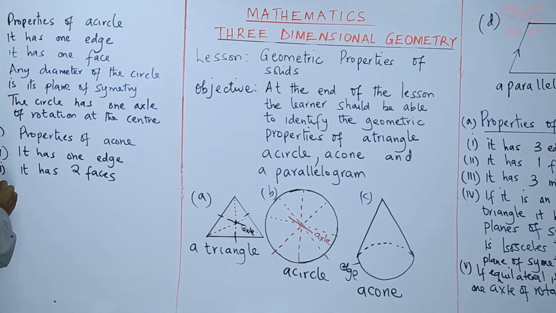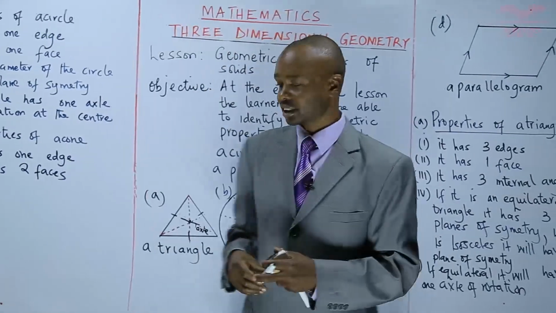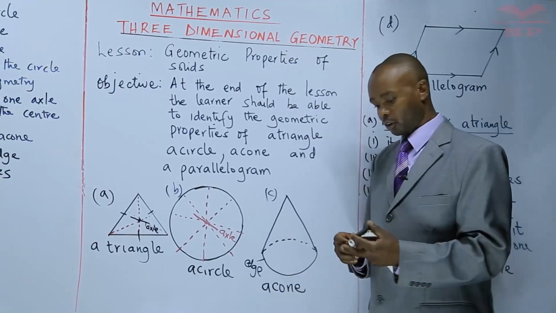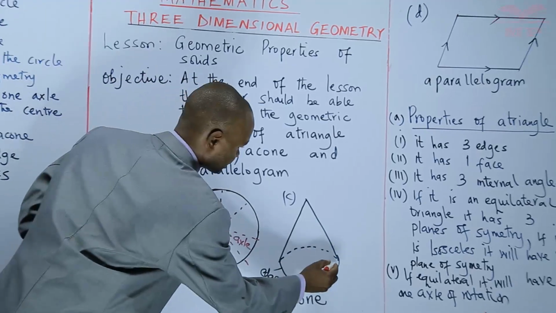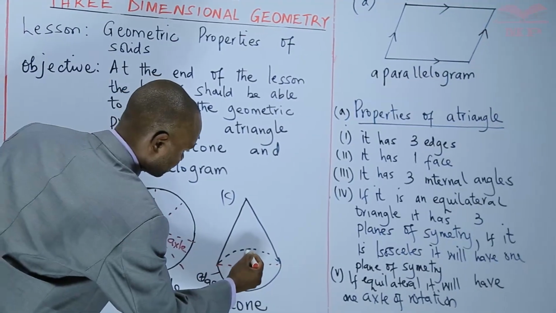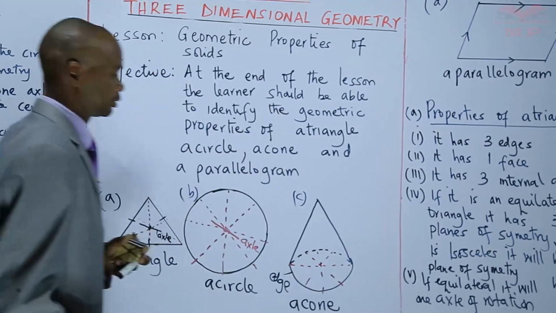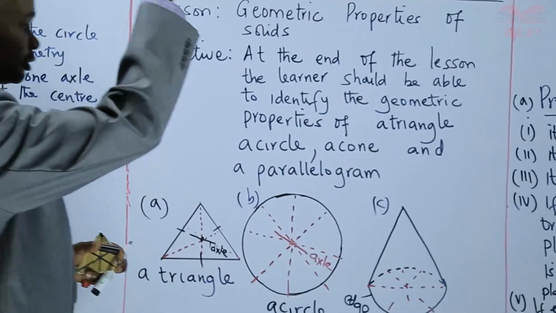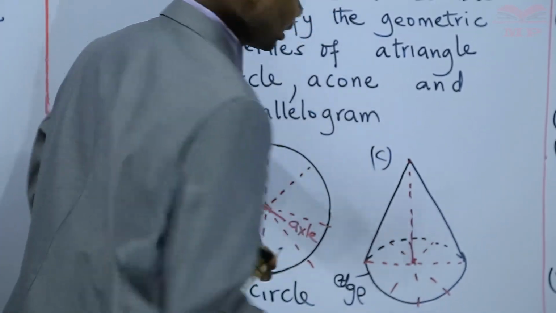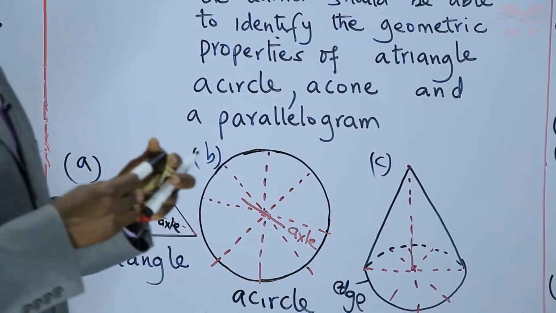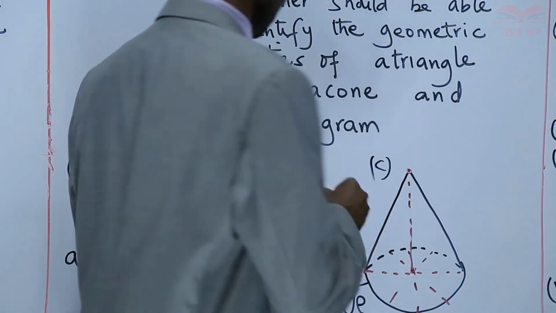And there is something particular you'll notice about a cone. All cones will have a circular base. If you cut across, acting as a diameter, you'll find it will cut that cone into two.